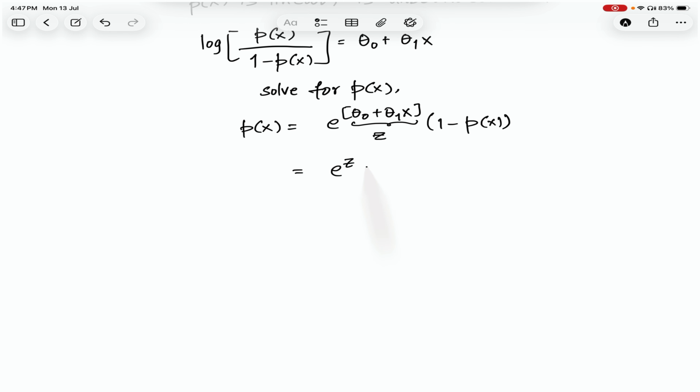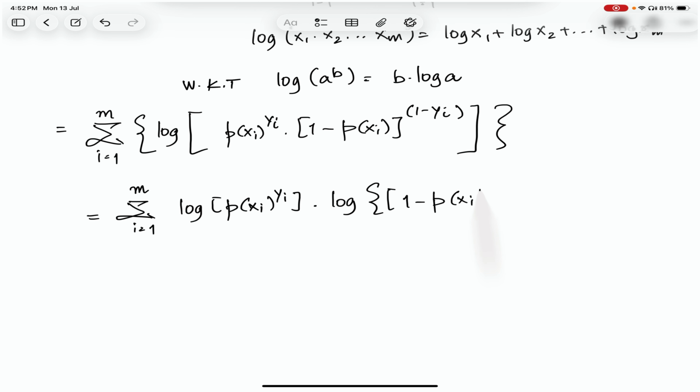And then I have summation from 1 through m. So log a, log b, we can simply have log of p of xi power yi times log b, which is 1 minus p of xi power 1 minus yi.